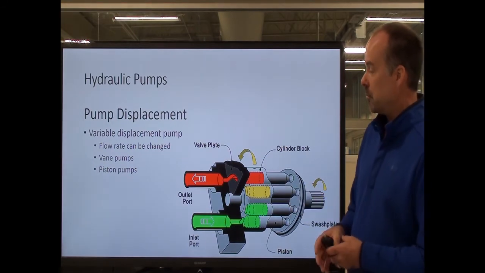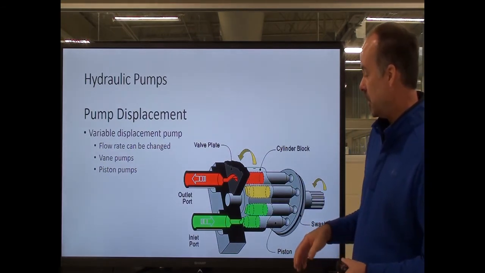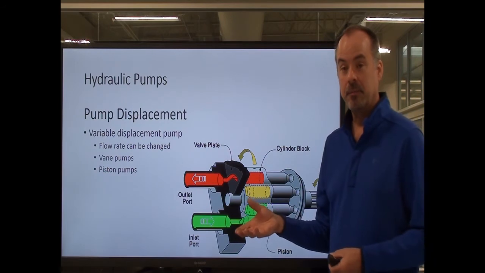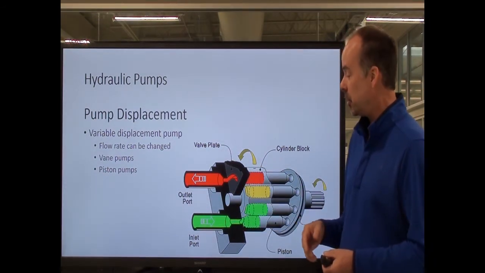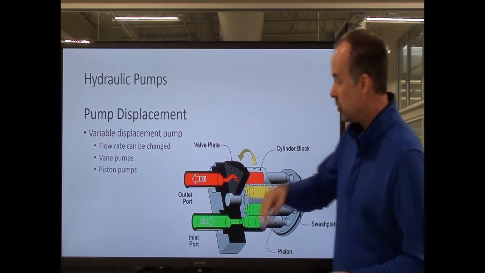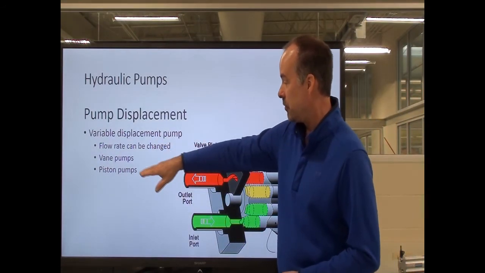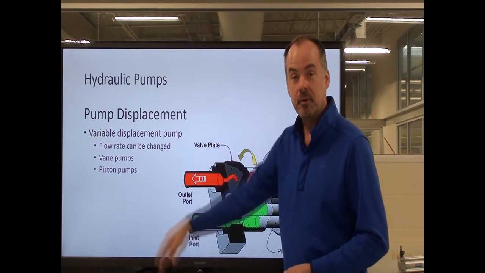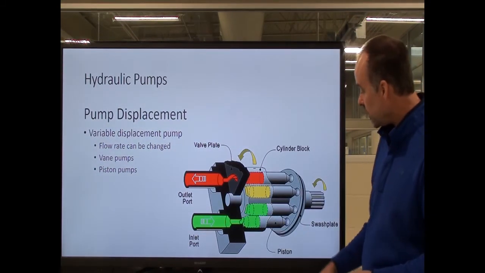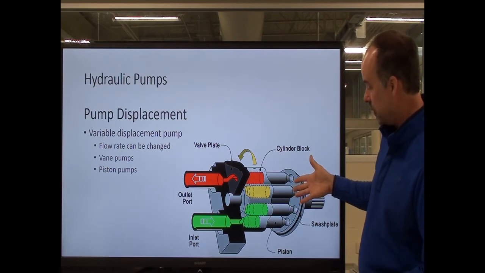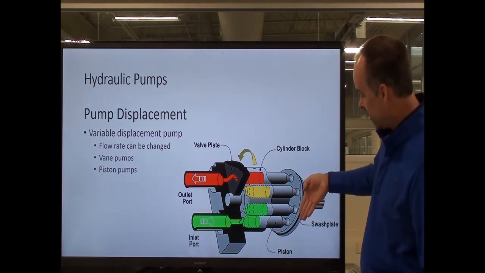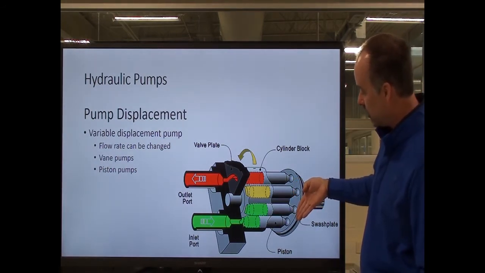The variable displacement pumps are a little different. That means for a given RPM, I can actually vary the amount of fluid that pump will flow. And you can find variable displacement pumps in vane pump configurations and piston pump configurations. As an example, we go back to our piston pump here. Like I said, I've got the swash plate here, and it's set on an angle.